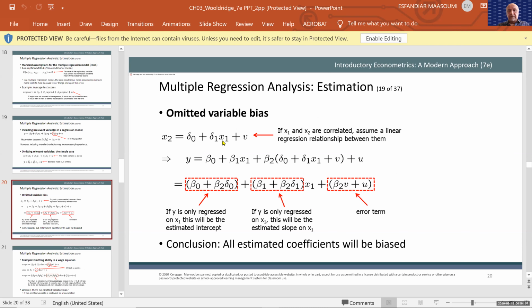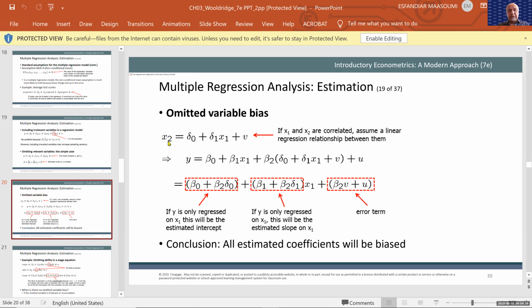So this is a problem if x1 and x2 are correlated. The omitted variable x2 is correlated with the included variable x1. If they're not, you'll see there is not a problem. Correlation doesn't mean x2 is related to x1 in this fashion. That's just one way it could be, right?